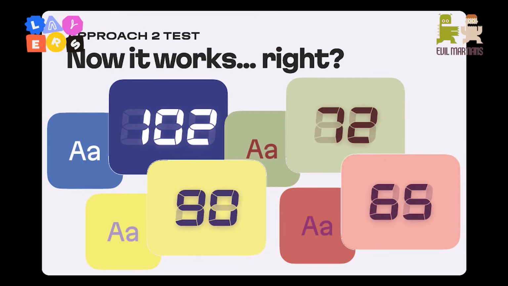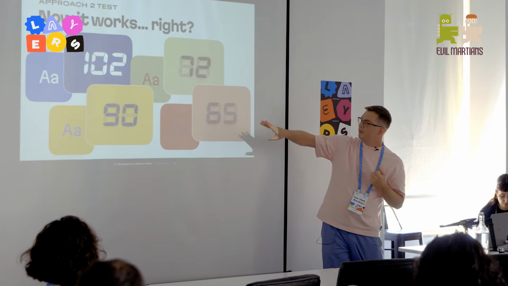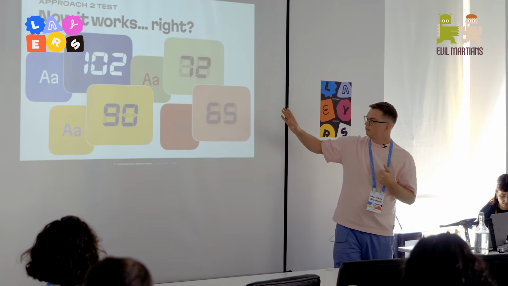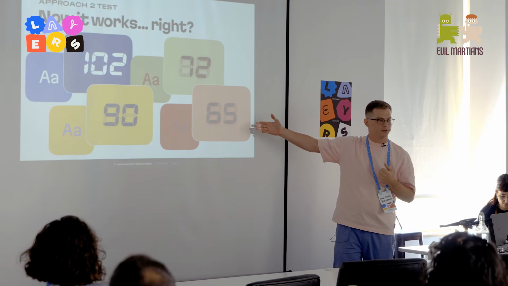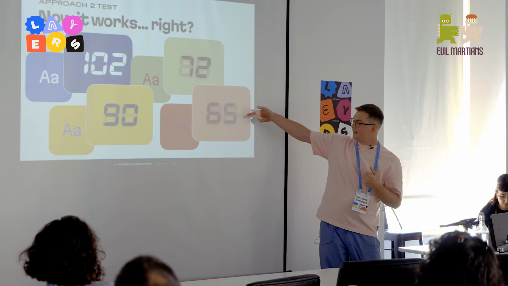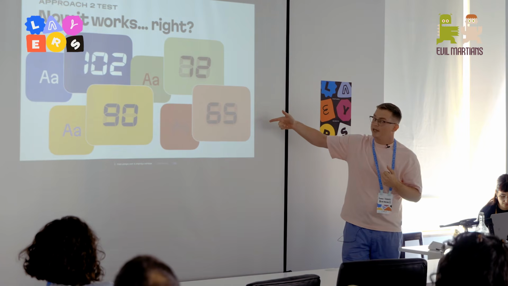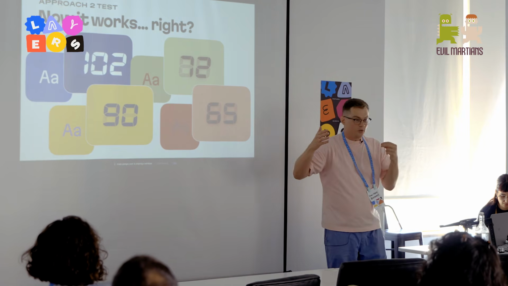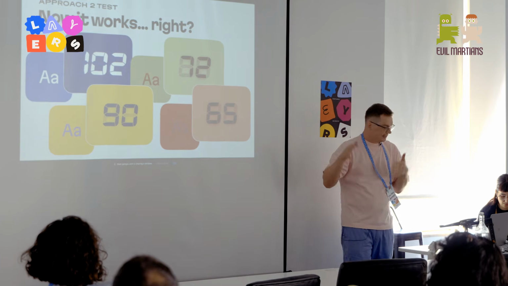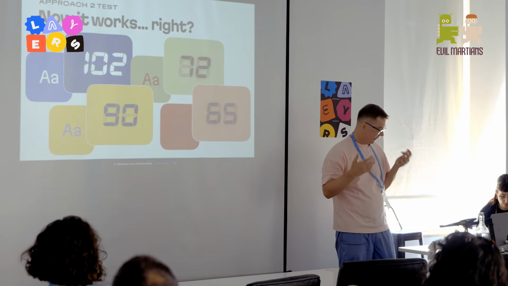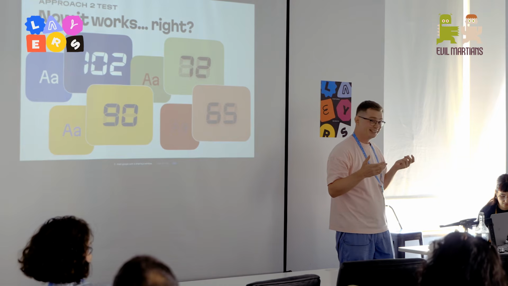Let's test this approach. Again, our samples. And you can see that now it's much easier to read this number, all right? Okay, so that means that now this approach number 2 works, right? Right?